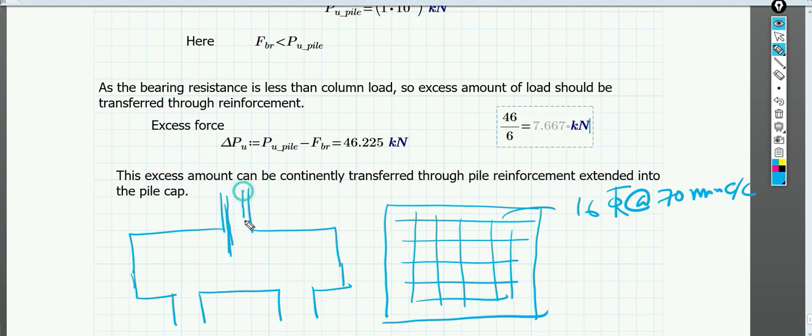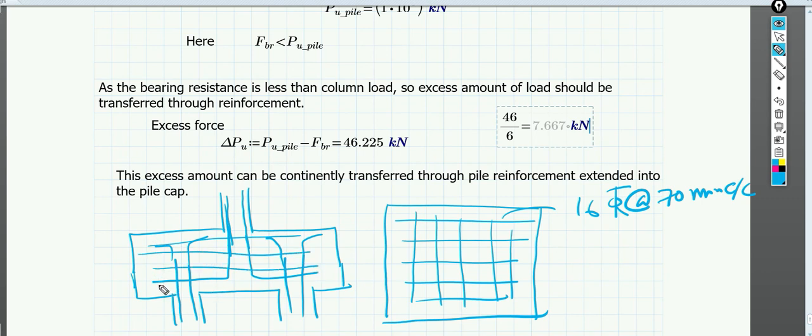Bars from the column will go inside the pile cap, and the bars of the pile will also go inside the pile cap. Okay, like this. And also some side face reinforcement will be provided.